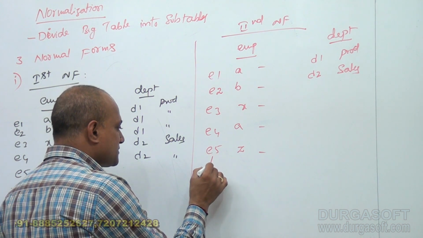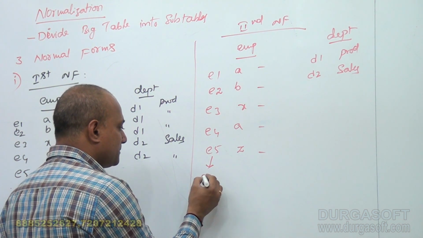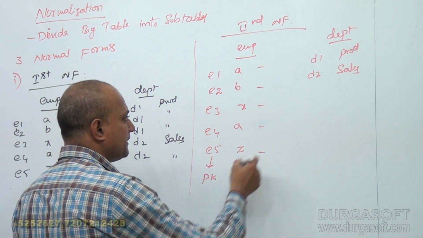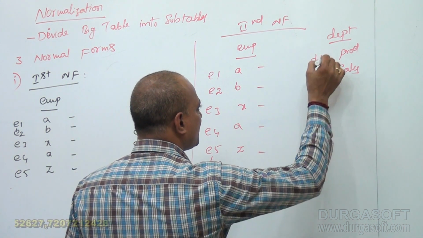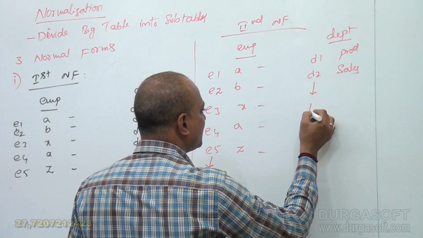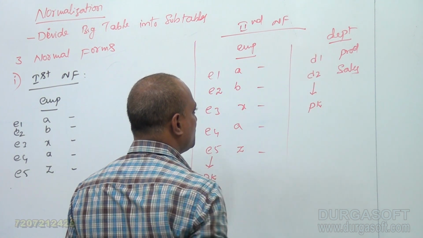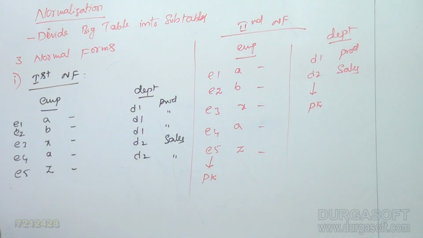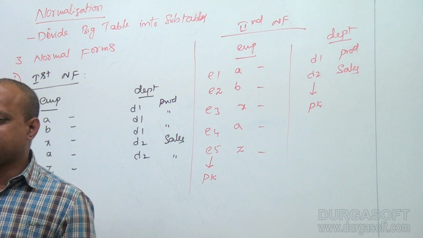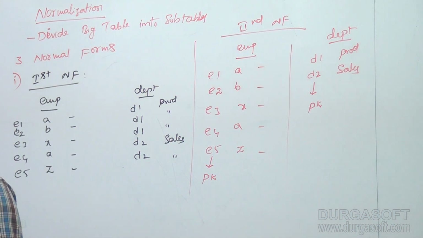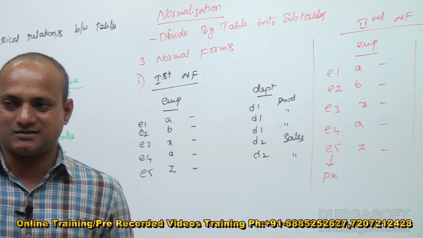No duplicates, no null values in the EID column, so we can define a primary key. No duplicates, no null values under department ID, we can define a primary key. You have 2 individual tables again. So if we have individual tables, we are missing some information from the database.